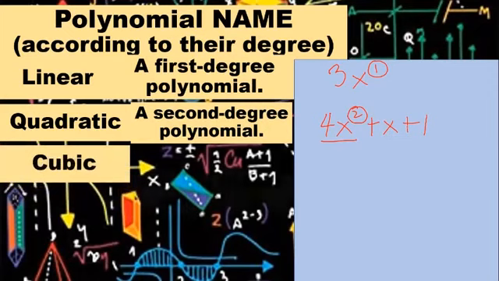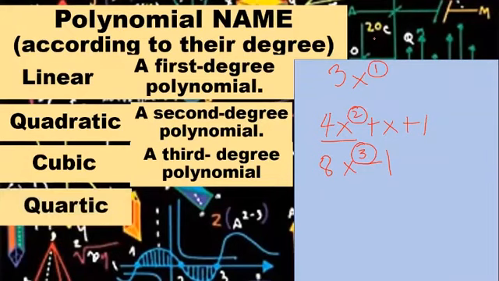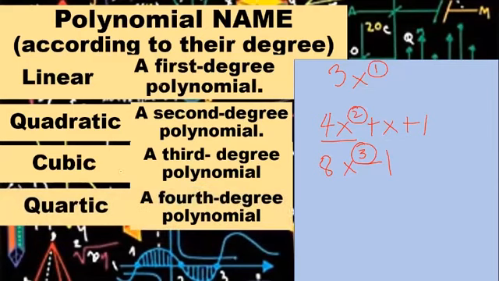Next, cubic. It is a third degree polynomial. So we have 8x cubed minus 1. So the first term, we have 3 as the exponent of the first term. So this is a third degree polynomial. So therefore, 8x cubed minus 1 is a cubic. Next, quartic. A fourth degree polynomial. Say for example, 5x raised to the fourth power plus x cubed minus 3.